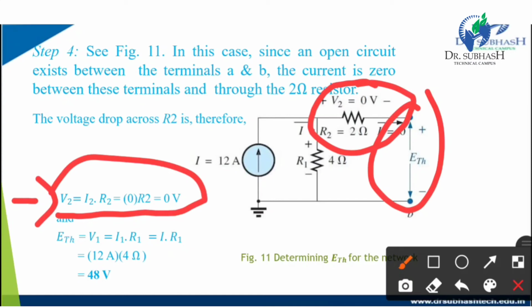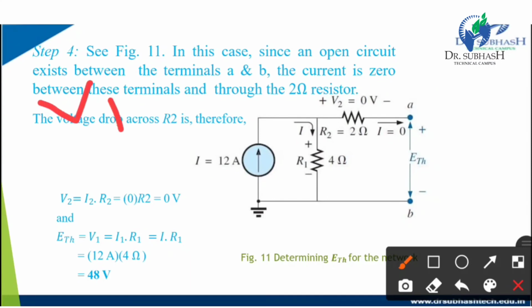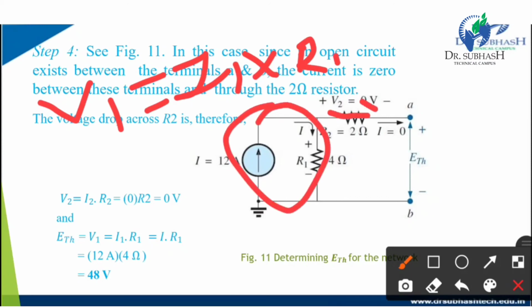So now ETH equals whatever voltage is across R1. The voltage across resistor R1 is the resistance multiplied by the current. So V1 equals I1 multiplied by R1. Here I1 is the same as the total current I, because no current is flowing toward R2 due to the open circuit.